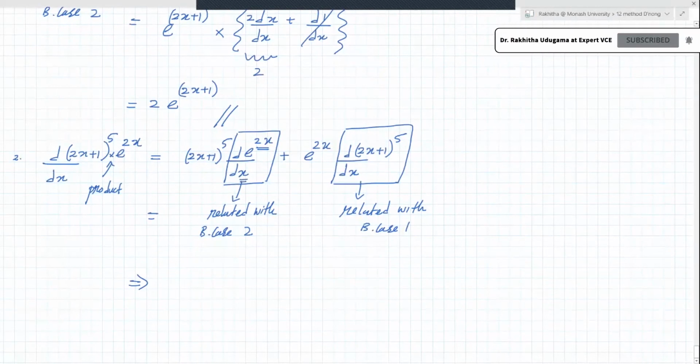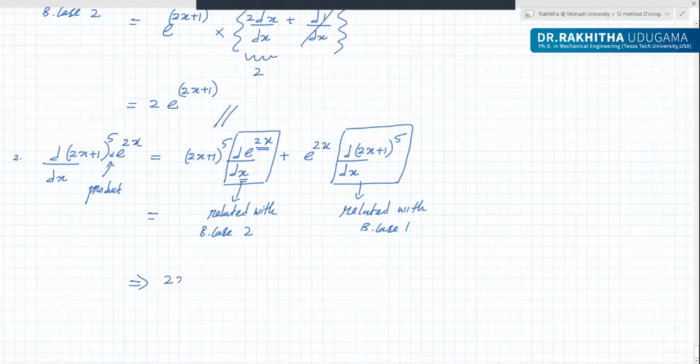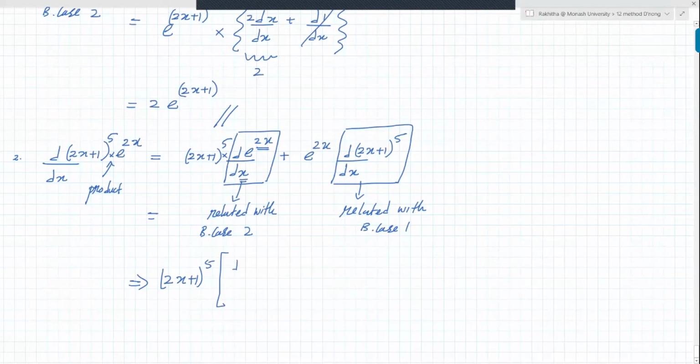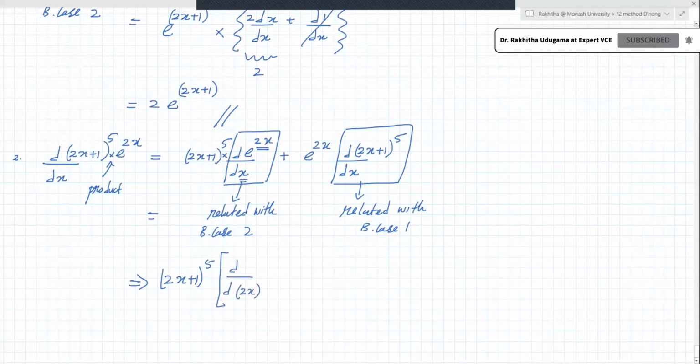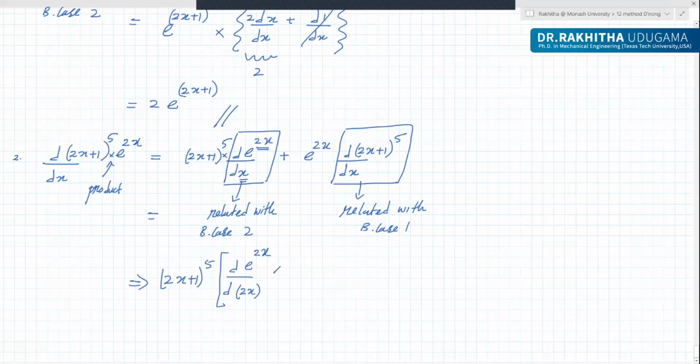So it doesn't matter what you have here, you don't have the same thing there, right? What you will do, (2x plus 1) to the power 5, it's like it's here, right? This is just multiplying. So now we will use the chain rule. You will construct e to the power 2x here, and you cancel that, d(2x)/dx. So that part is done.